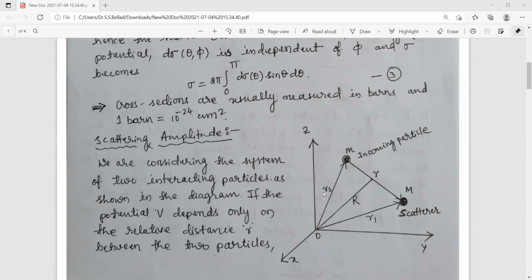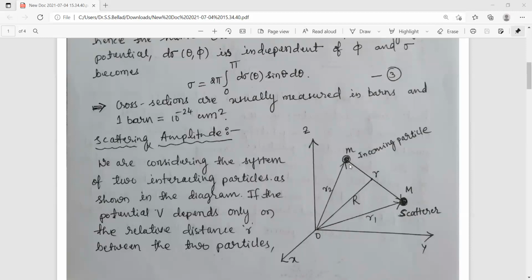So this is a two particle system with respect to this origin, and this is one particle, this is the other particle, and R1 and R2 are the position vectors of these two particles with respect to this origin, and this is the midpoint of these two particles, and this capital R is the position vector connecting this midpoint to this origin, and the small r is the distance between these two particles.